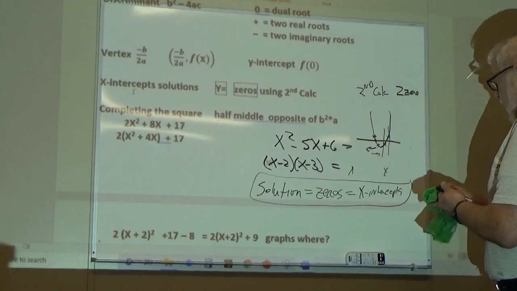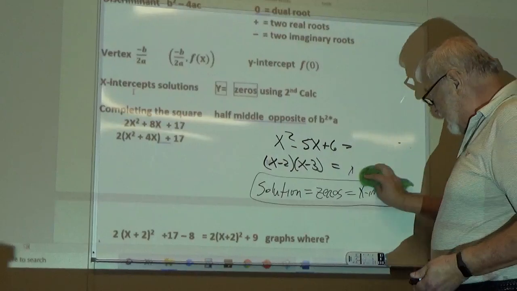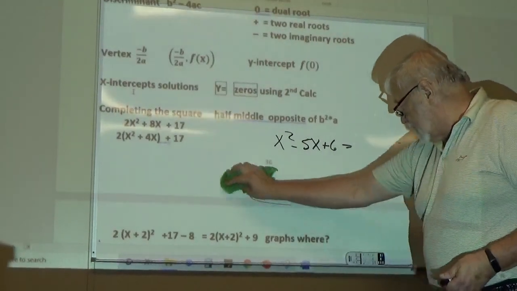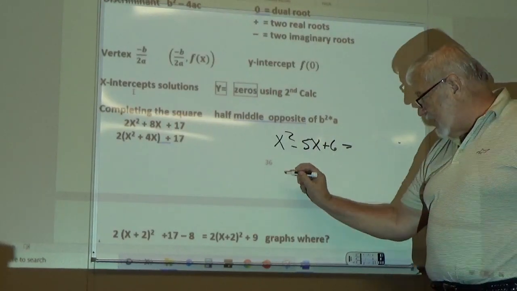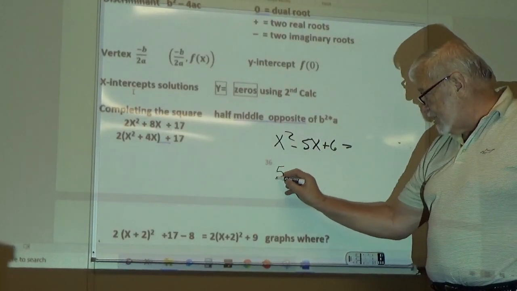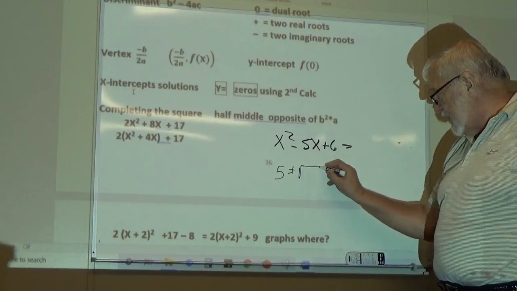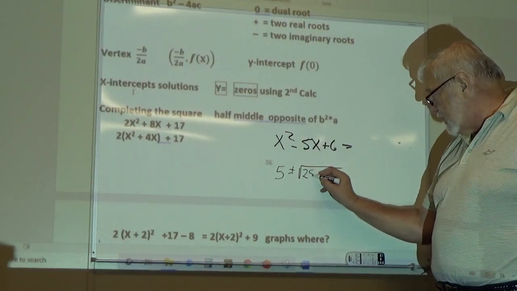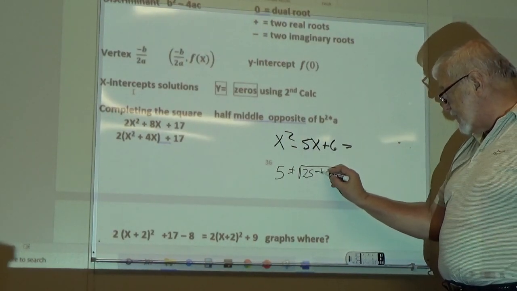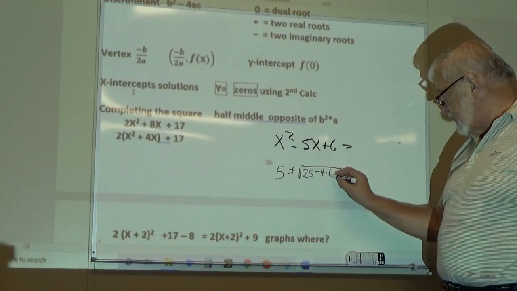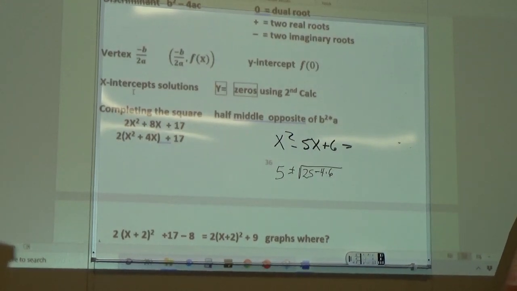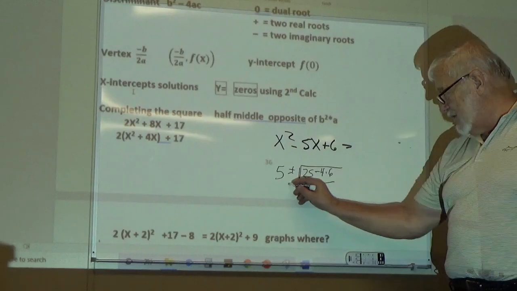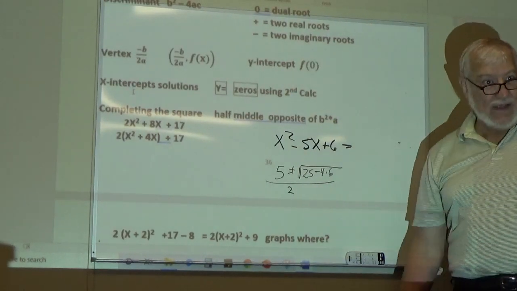If I want to use the quadratic formula on this, then what I have to say is negative b, which is 5, plus or minus the square root of 25 minus 4 times 6. That looks like 1, doesn't it? 25 minus 24, all over 2, which is 2a.